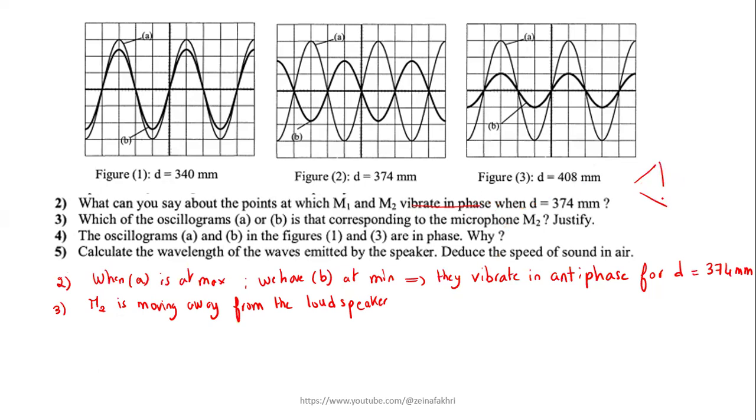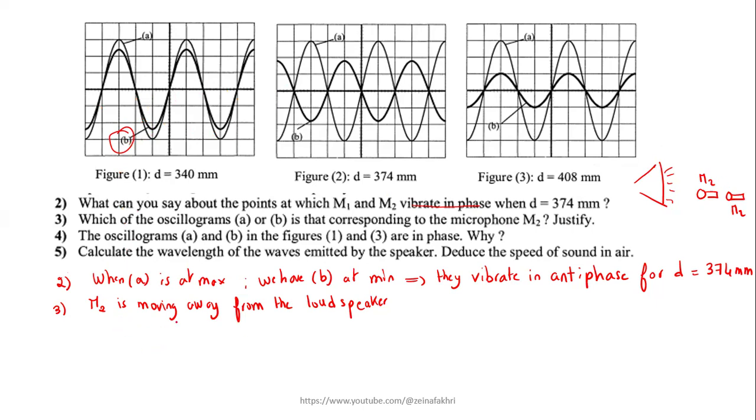If this is the loudspeaker and I move the microphone M2 away, logically what will happen? The volume of the sound will decrease. And the volume of the sound means the amplitude on the figure. So if I notice on the figure, the amplitude which is decreasing is that of oscillogram B. So this means that oscillogram B corresponds to the microphone M2.